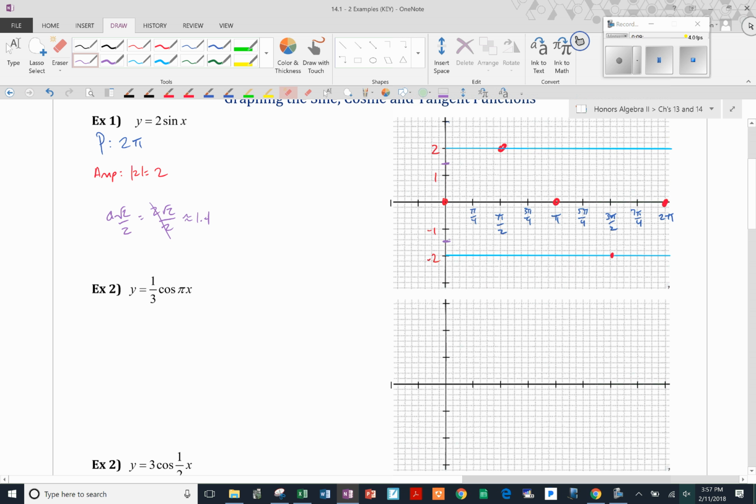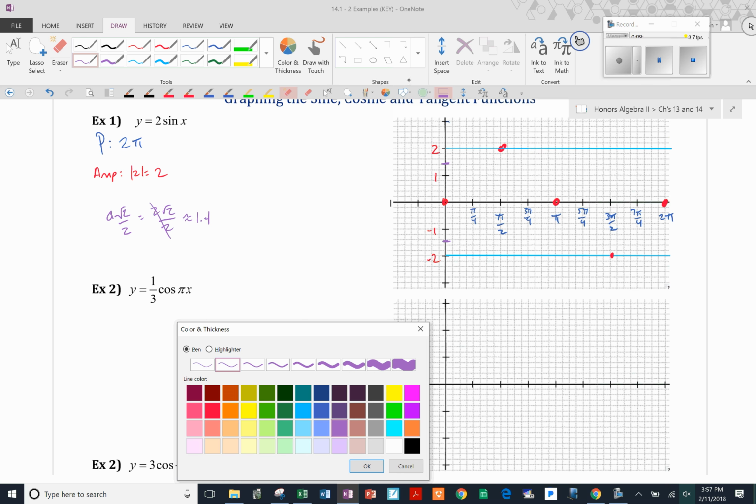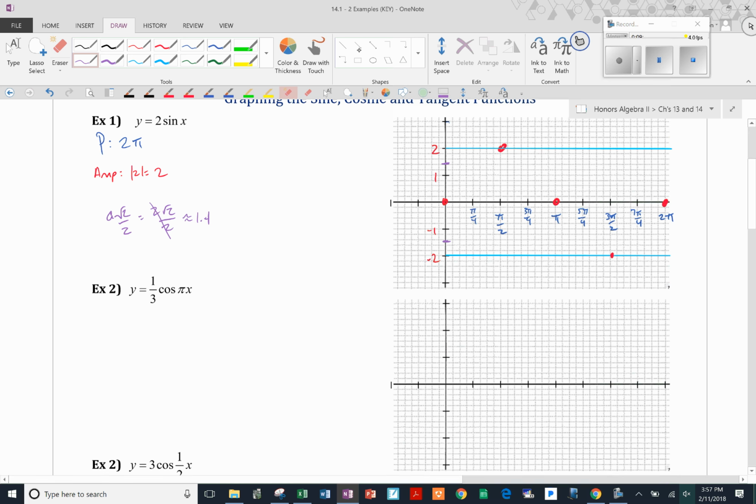Right there. And I'm going to again put some lines there to help me to quickly put these points on the graph. I don't know if there is really a name for these. I just call them the square root of 2 over 2 points, or sometimes the halfway points, because it's halfway between the x-intercepts and then the minimums or maximums.